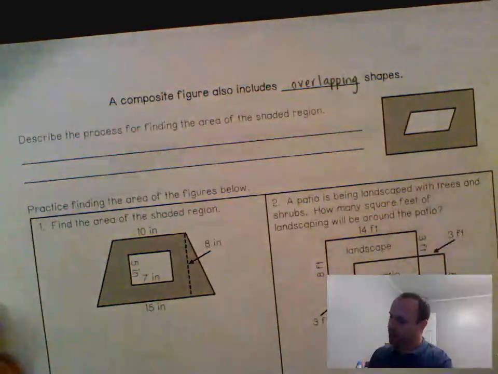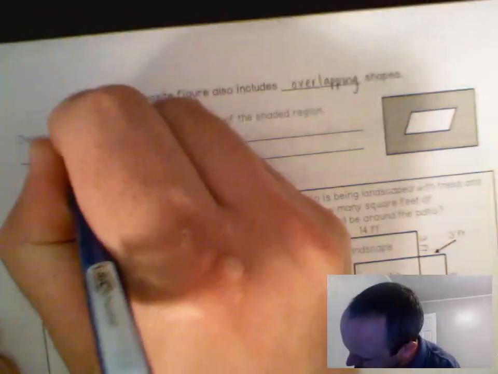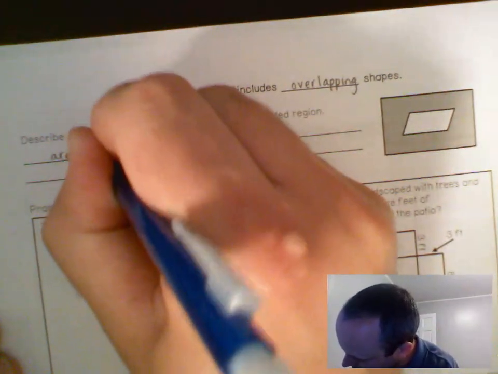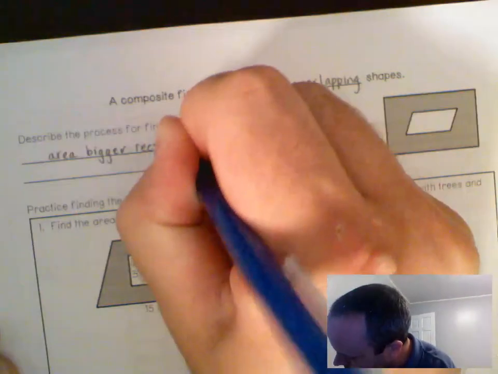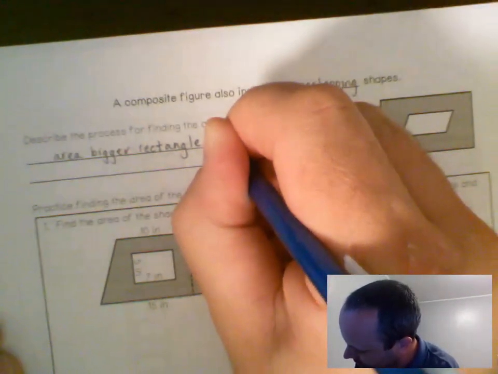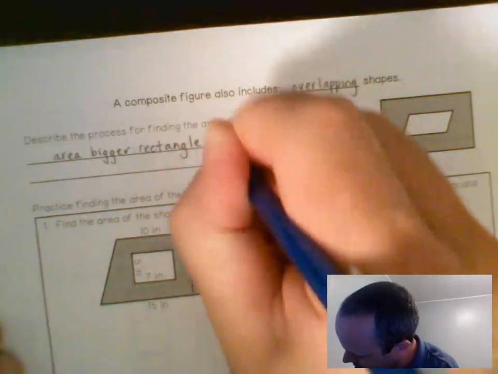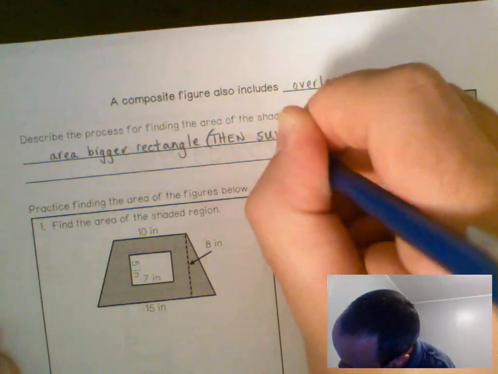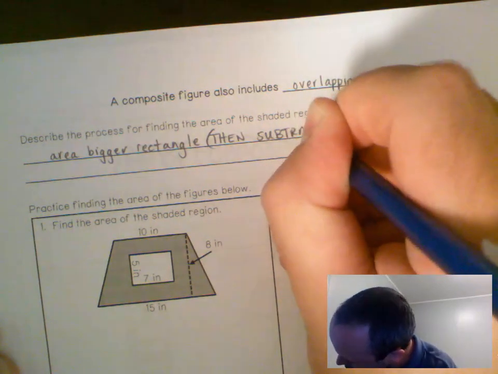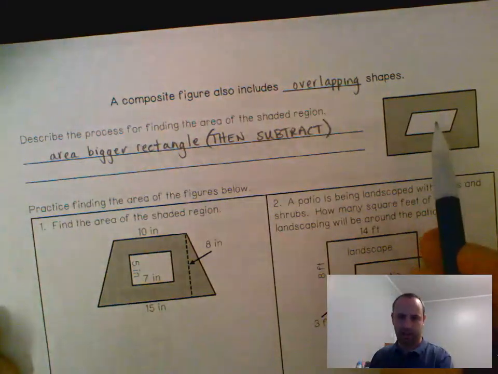Okay, so to find the area of the shaded region, you have to find the area of the bigger rectangle. And then we're going to have to subtract the area of the parallelogram inside.